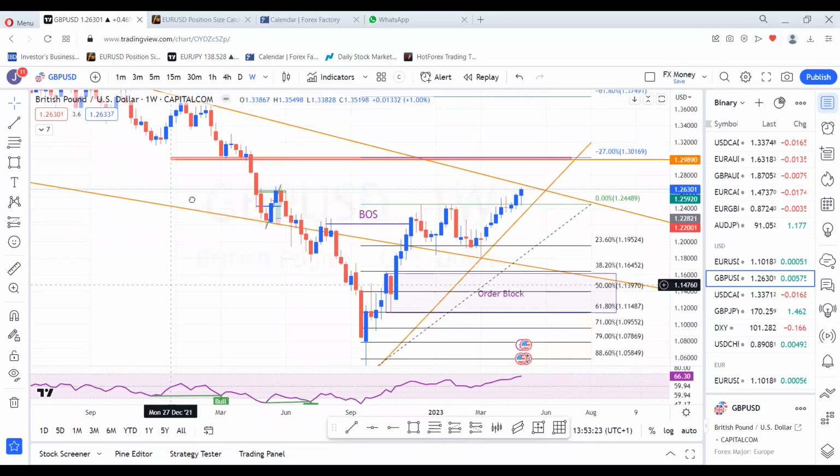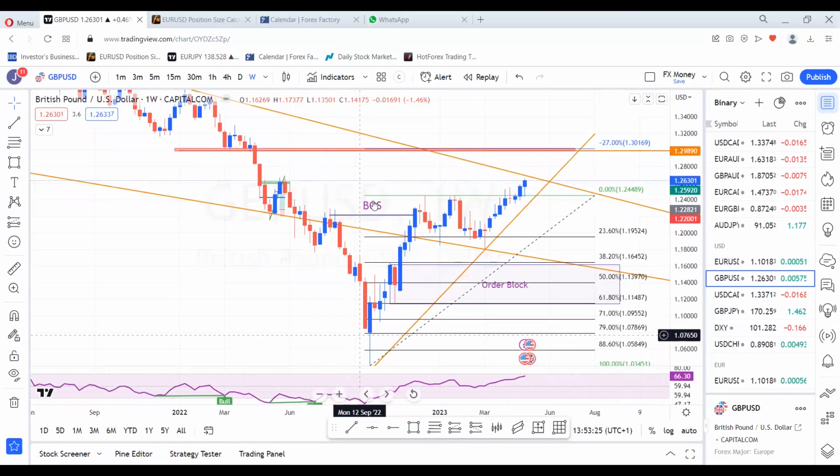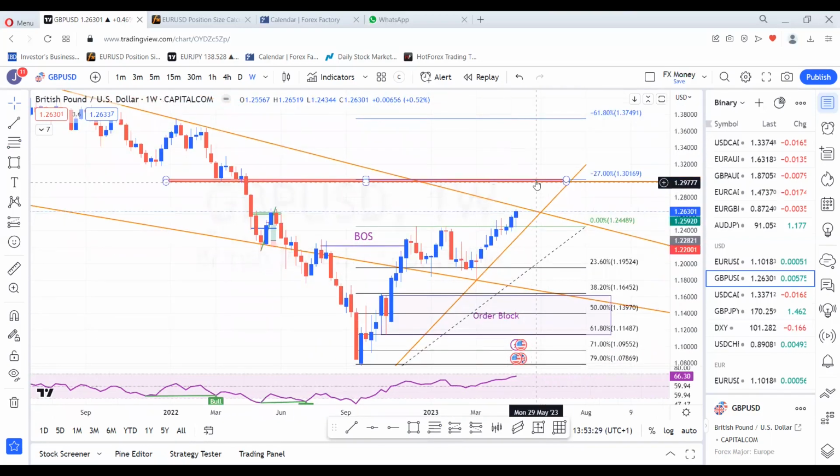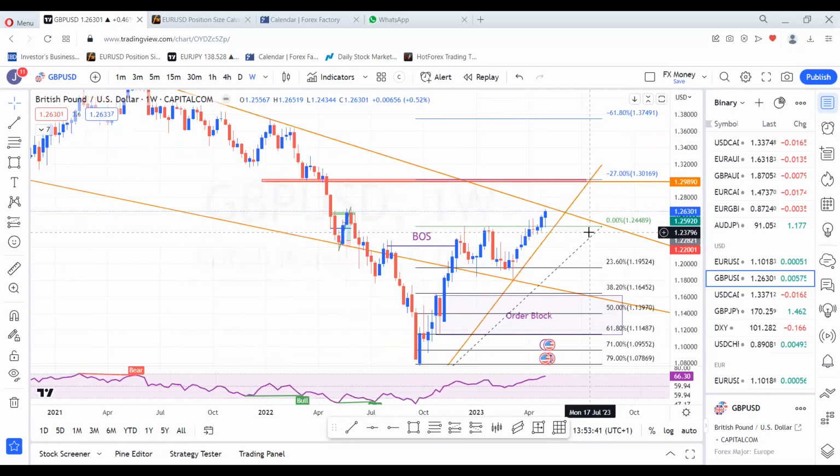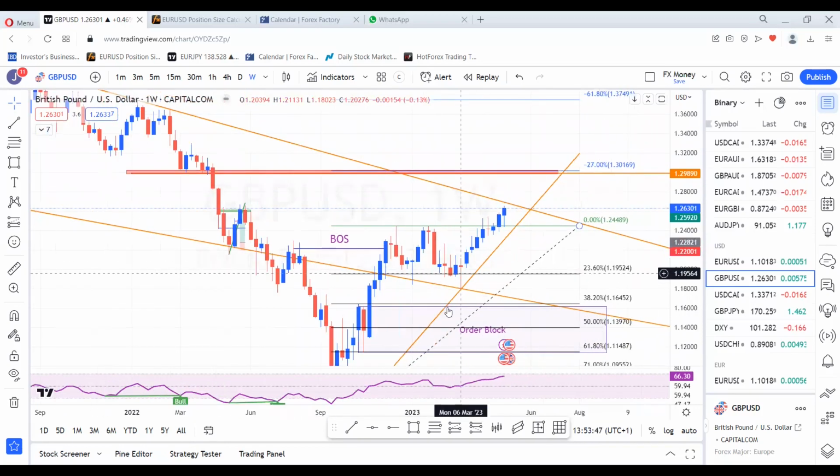So like I said, if we take this from our point A to point B, it came to 23%, so we can expect it to come somewhere around here, because we have a resistance that was broken and is yet to be respected. So around that negative 27% is where we have our resistance as well. But that doesn't mean the market won't retrace at all. We are on the weekly, remember. But this is just a valid point to tell you, okay, you can still keep looking for buys.